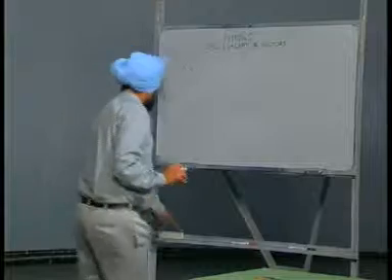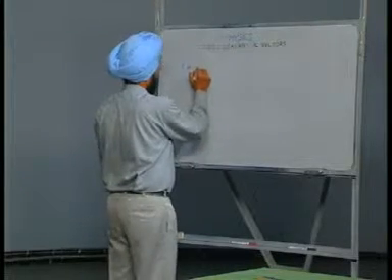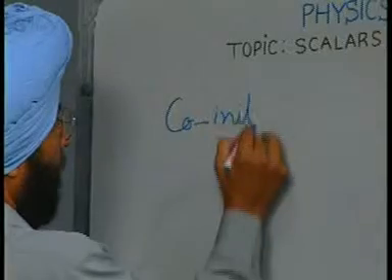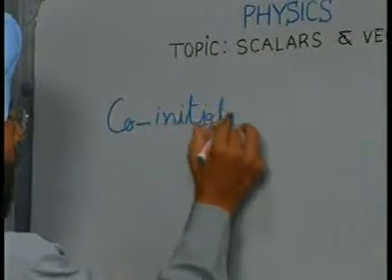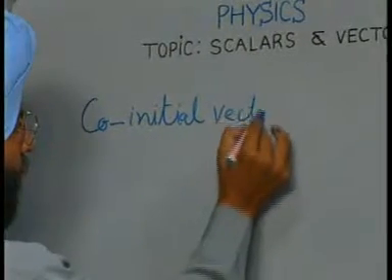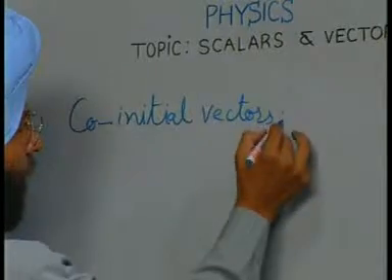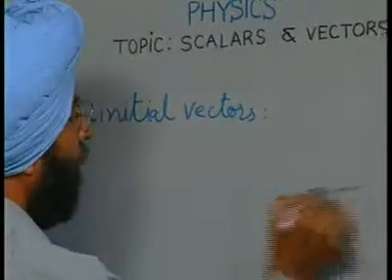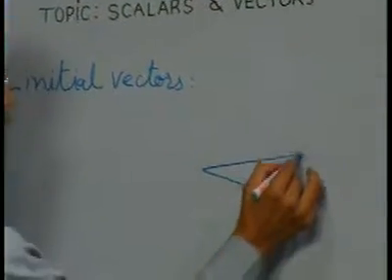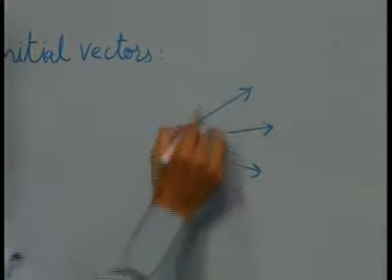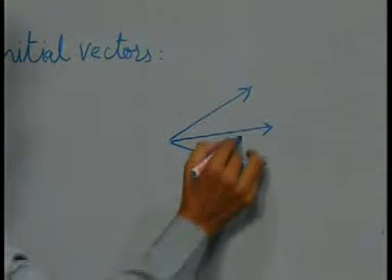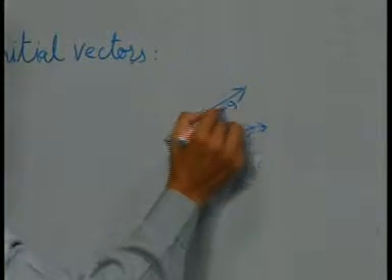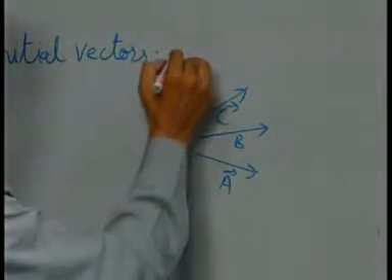Co-initial vectors. Vectors having common point for the tail. A vector, B vector, C vector are co-initial vectors.